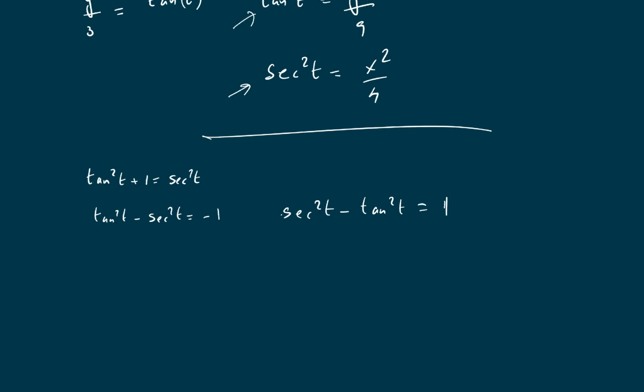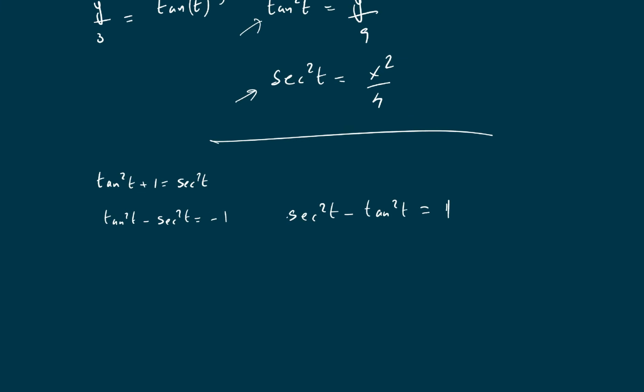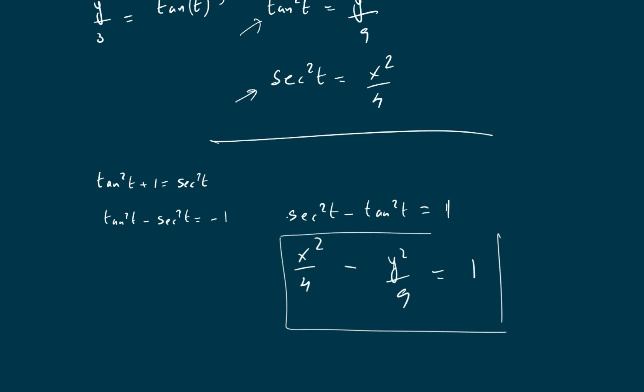So it will be x squared divided by 4 minus y squared divided by 9 equals 1. And this is the equation of a hyperbola.